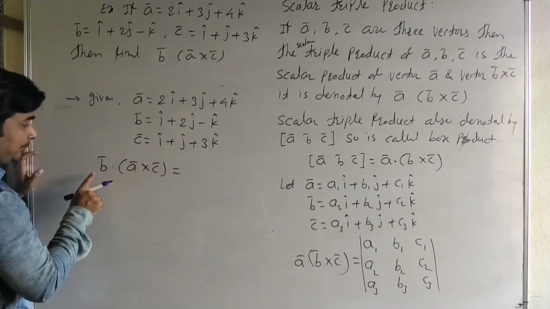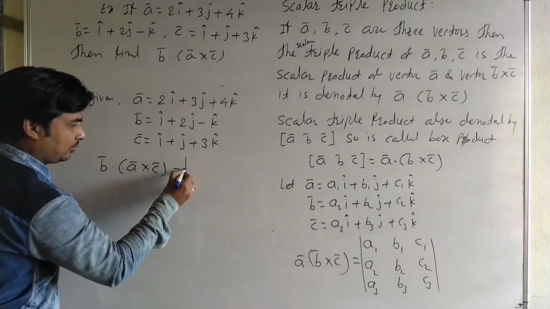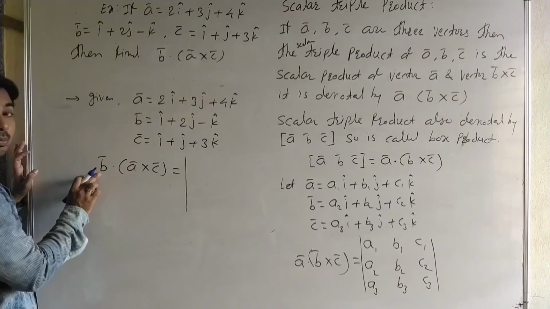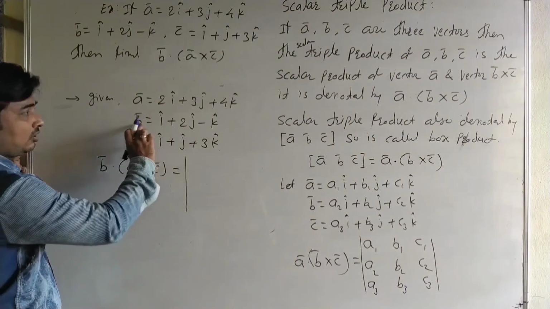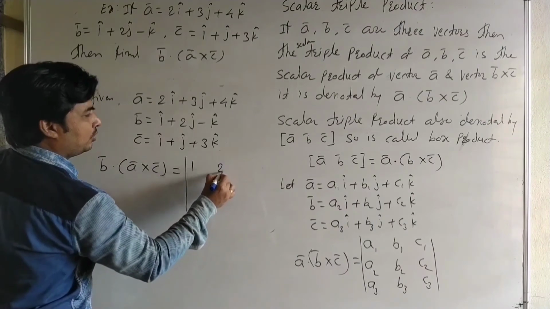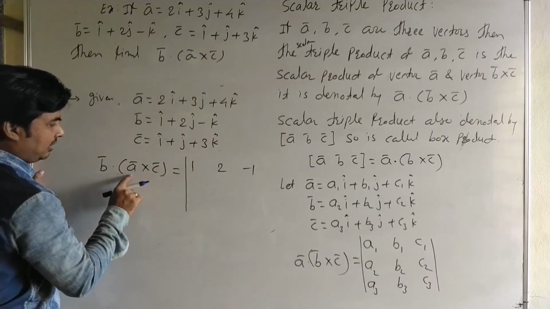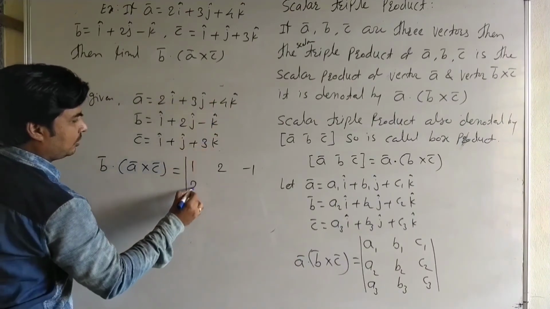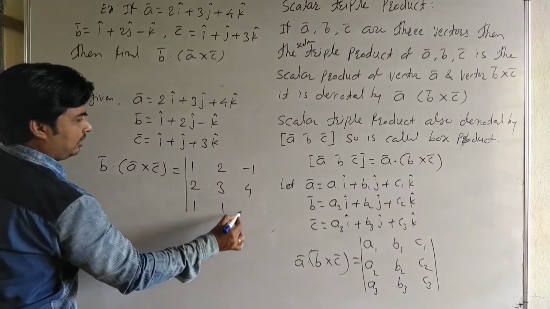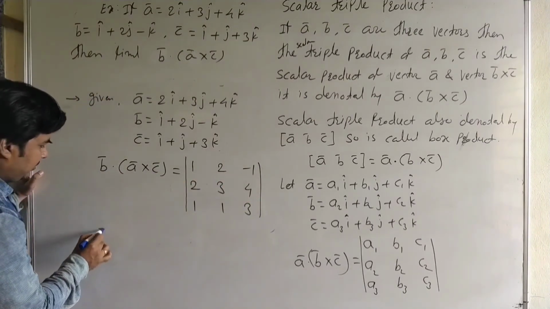Here B bar is the first vector, A bar is the second and C bar is the third. Therefore in the first row we write the components of the vector B bar: 1, 2 and minus 1. Second vector is A bar: 2, 3 and 4. And third vector: 1, 1 and 3. Now we can find the determinant.